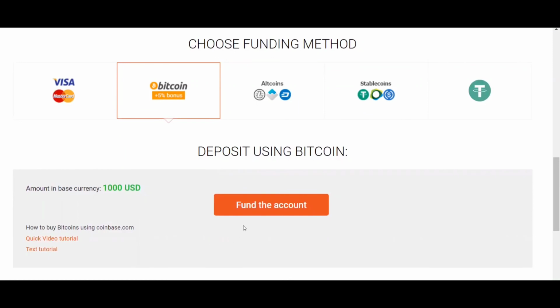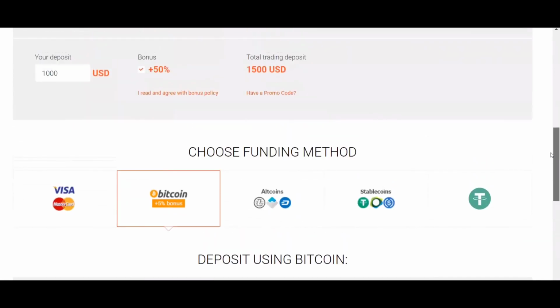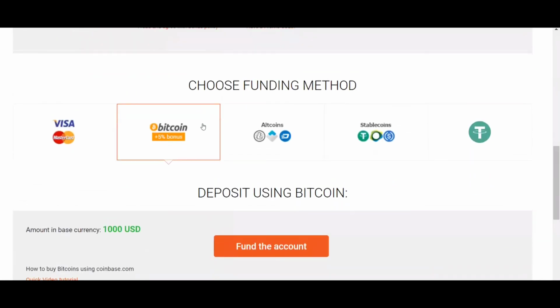To fund the account, you would press this button. You get a QR code along with the Bitcoin address that will pop up in the middle, and then you could send it from your phone, whatever. Like if you have Coinbase, you could just take the picture, select the amount, then just send it.